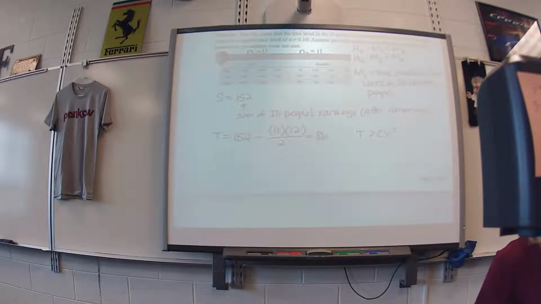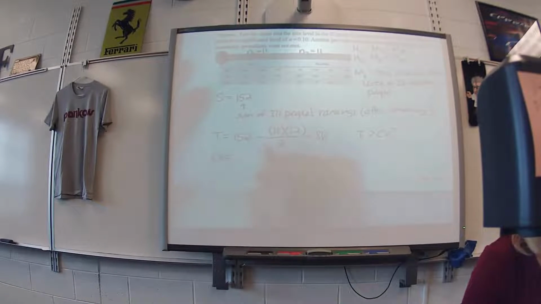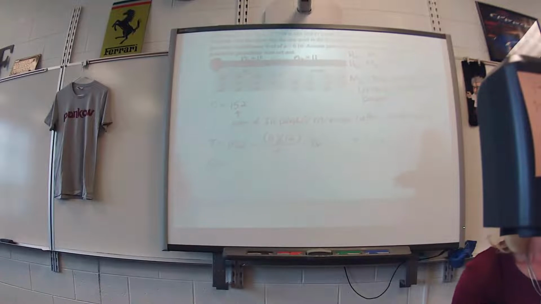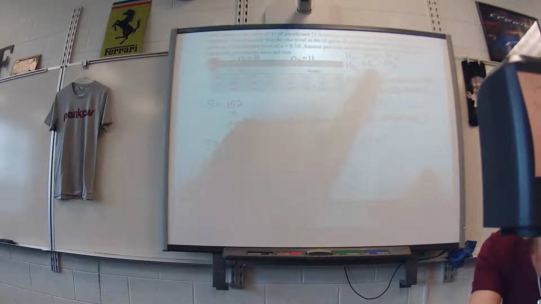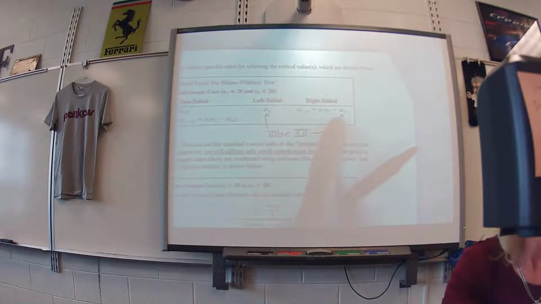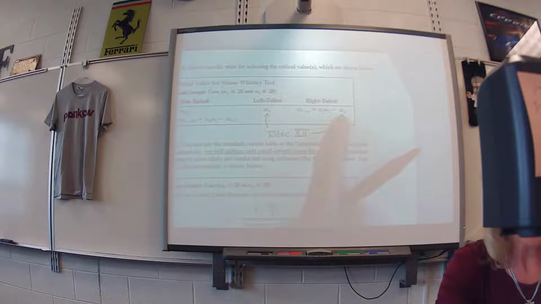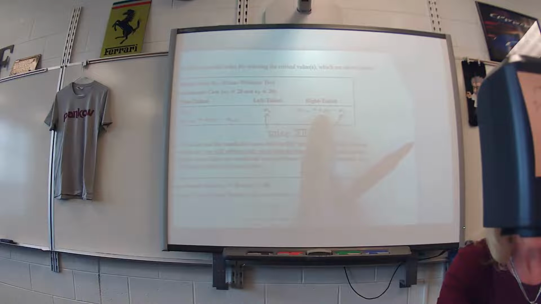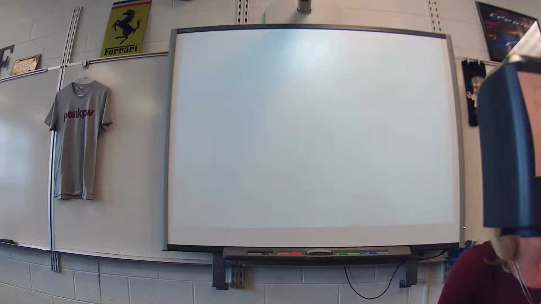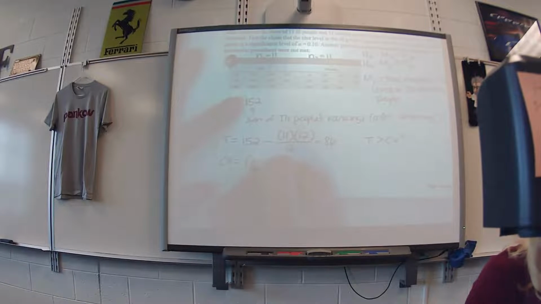So what is our critical value? Well, for a greater than right tail test, you're going to read the value from table 12, but that will get subtracted from the product of the two n sizes. So the product of the two n sizes would be 11 times 11 minus, all right, now this number is going to come from table 12 right here.